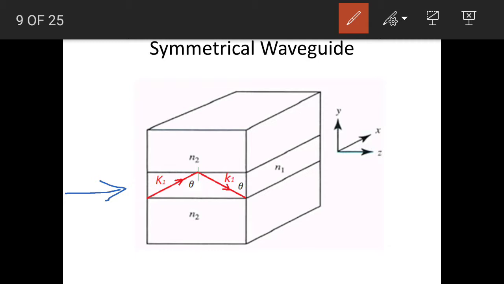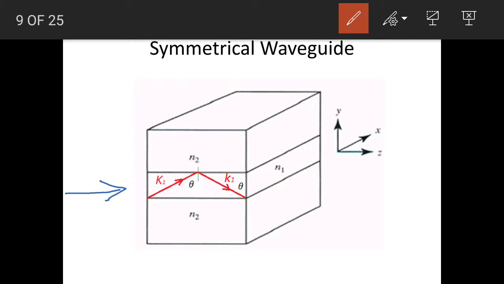The light ray is moving towards the top layer. The angle with respect to the normal is theta, and the total internal reflection of the light ray takes place over here, and you see this light ray is reflected back to the central layer. The central layer is known as the film of the waveguide.